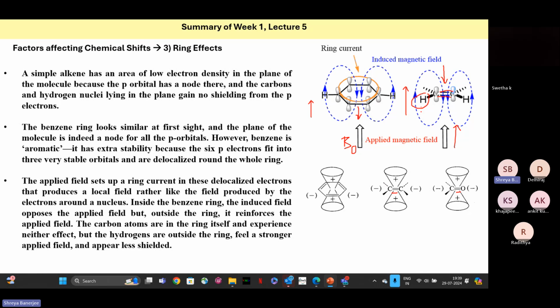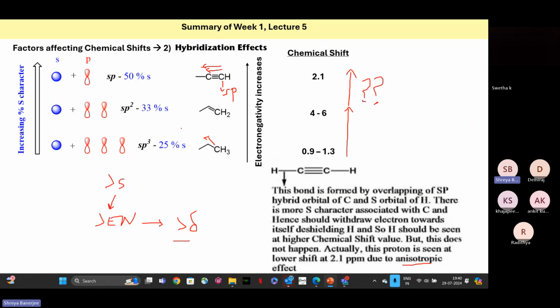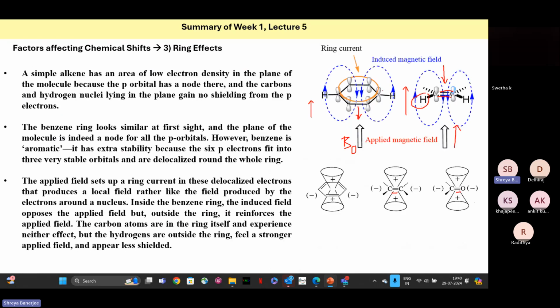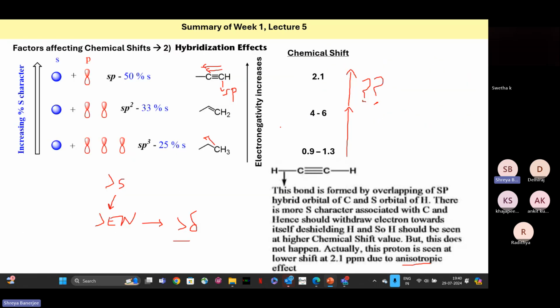So this hydrogen is experiencing a much higher magnetic field than it should have experienced. And because it is experiencing this higher magnetic field, it is getting very much upfield shifted. Sorry, downfield shifted. So that is why on going from alkane to alkene, there is a big downfield shift.